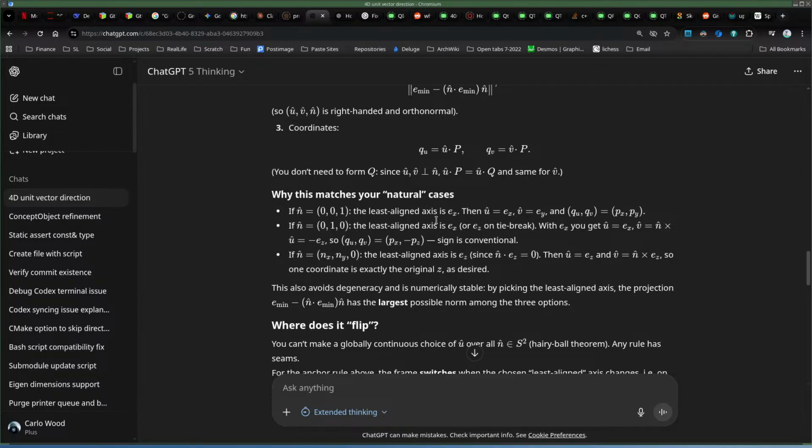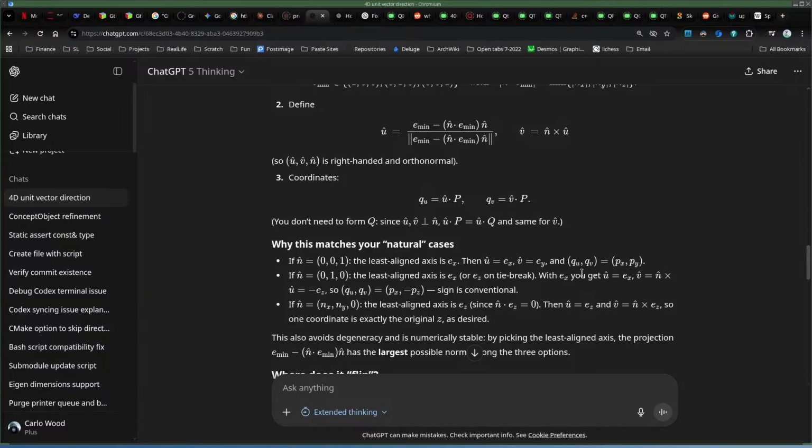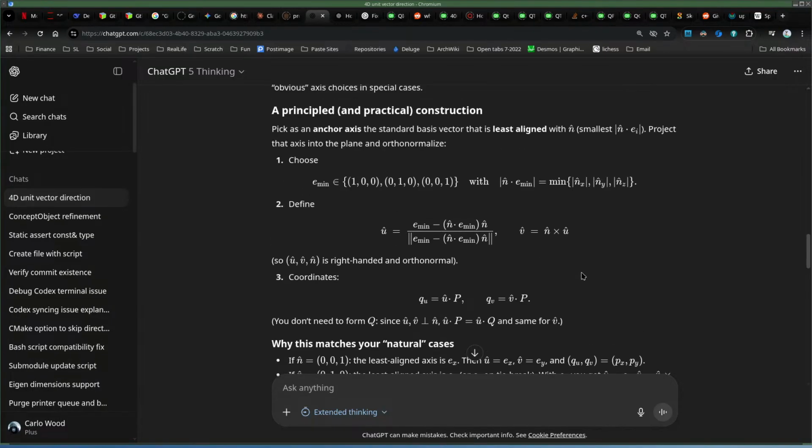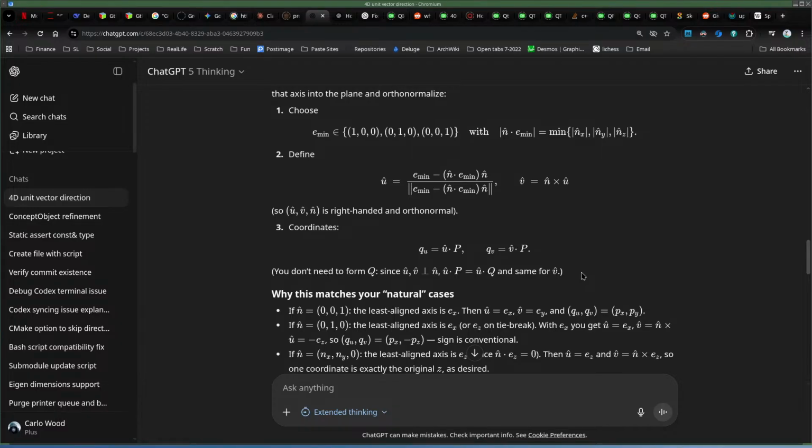I don't see the x here. I mean, x and y are totally symmetrical, so why would it pick x? Let's verify that with the formula we had here.